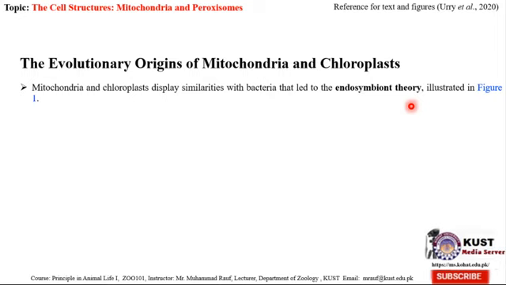The endosymbiont theory was presented by Lynn Margulis back in 1967, and this theory explains the evolution of a eukaryotic cell from prokaryotic ancestors, and to date this is the most well accepted theory about the evolution of a eukaryotic cell.